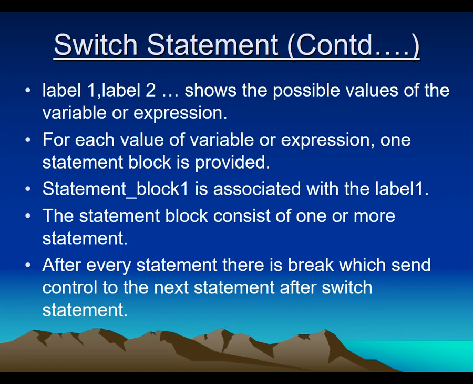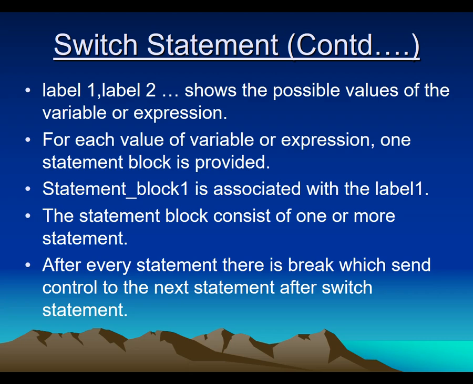Now in this syntax, what is the meaning of label 1, label 2, label 3, and so on? They show the possible values of the variable or expression. That means these labels are associated with the variable or expression passed by the user. For each value, one statement block is provided.